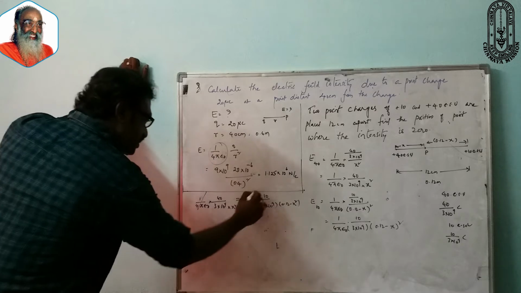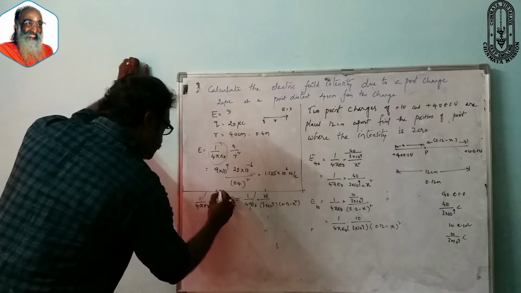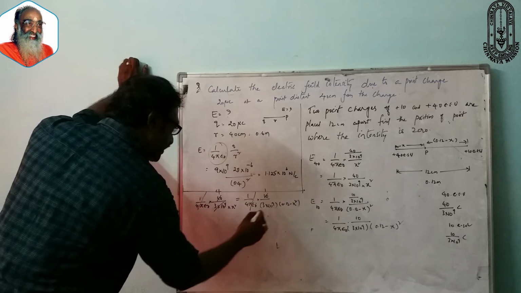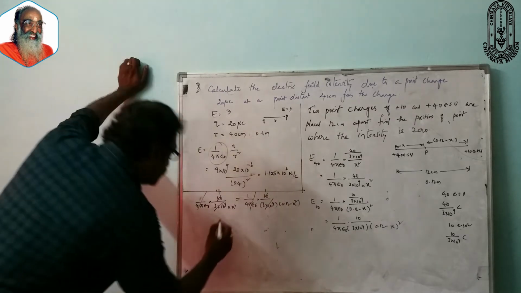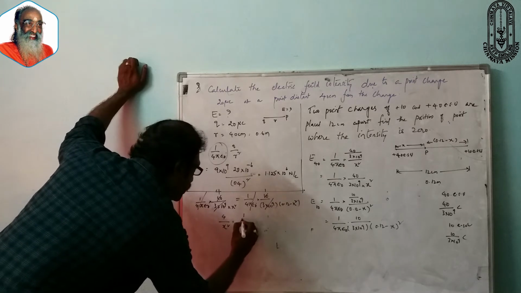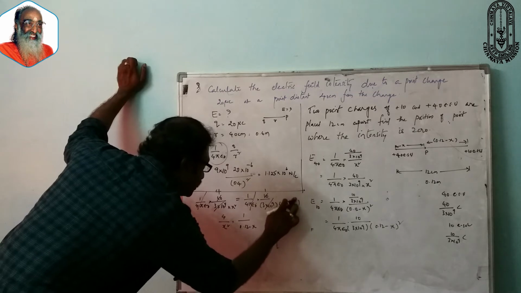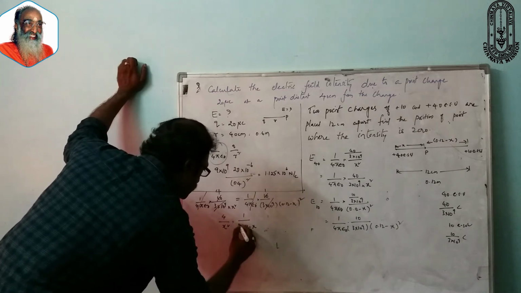The 1 by 4 pi epsilon naught goes away, and 3 into 10 to the power of 9 cancels. So this becomes 4 by x square is equal to 1 by (0.12 minus x) whole square.